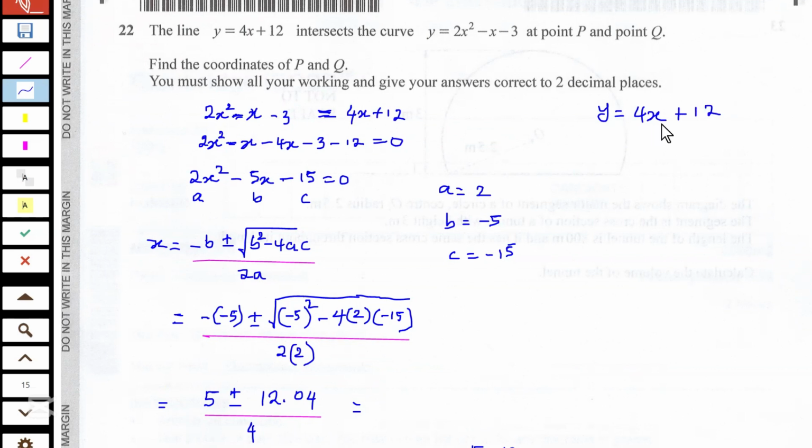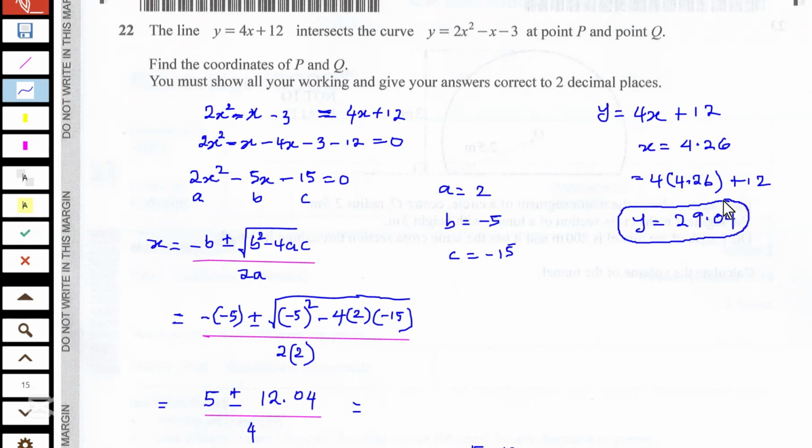So when x equals 4.26, y is 4 times 4.26 plus 12. And then y will be equal to 29.04. So this is the corresponding value of y when x is 4.26.